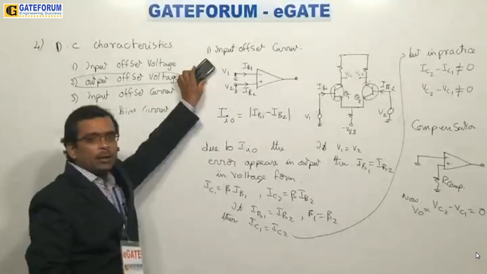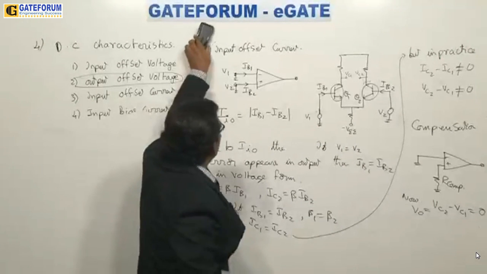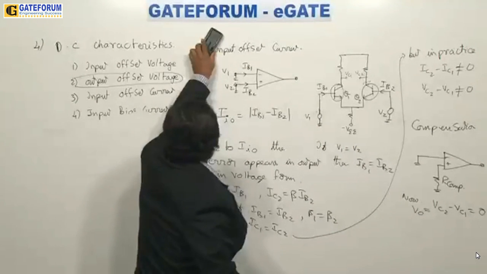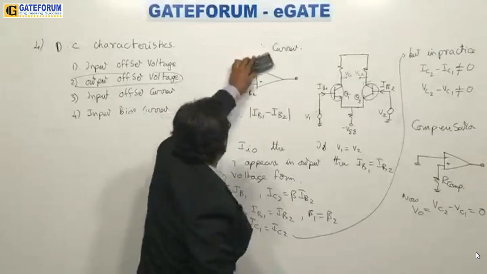So I am erasing this part. Now next we have input bias current.